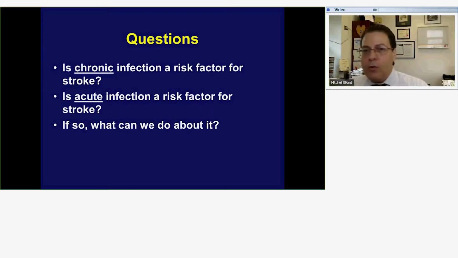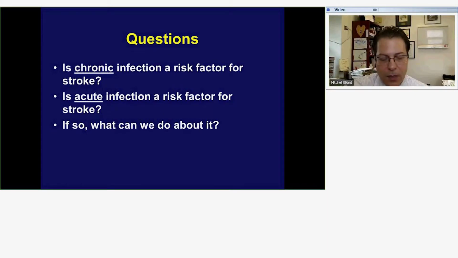So, when we think about infection and stroke, there are a lot of different ways in which we can think of the relationship. Obviously, one very interesting area right now is the risk of infection after somebody has a stroke. Of course, when people have a stroke, they can develop pneumonia and UTI and bed sores and so forth.